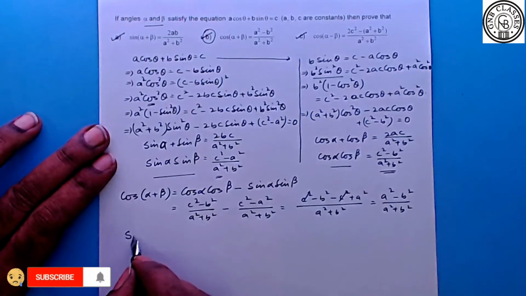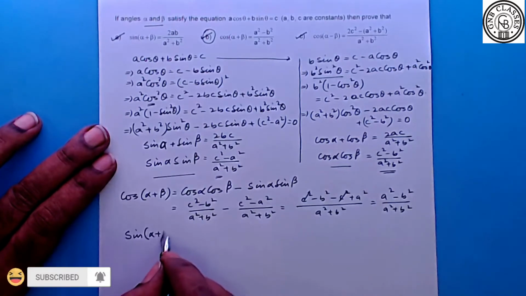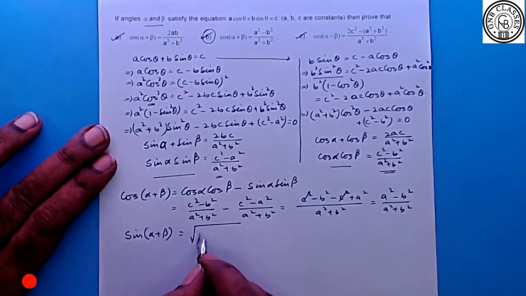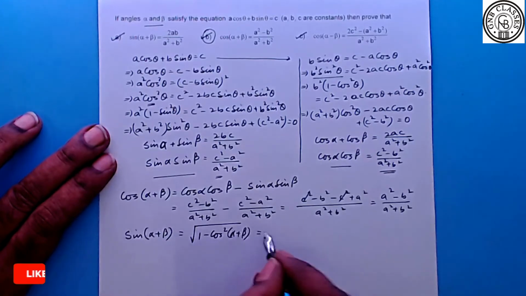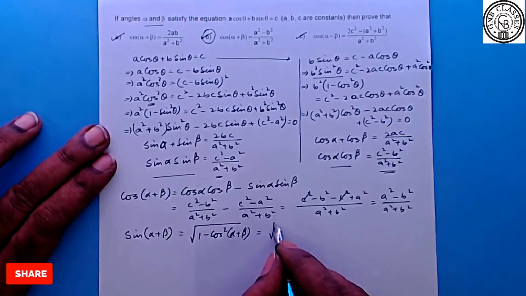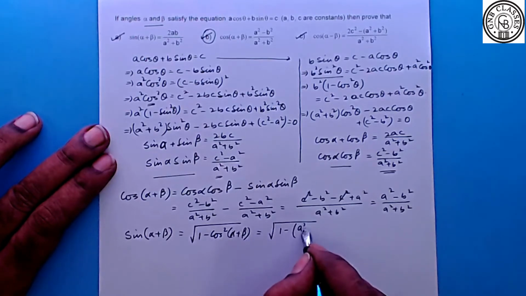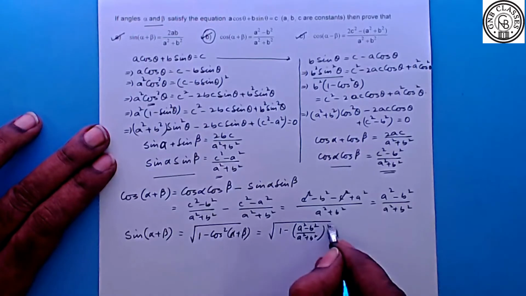Now to find out what is sin(α + β), it is simply root over 1 minus cos²(α + β), which gives you what? Under root 1 minus ((a² − b²) by (a² + b²)) whole square.